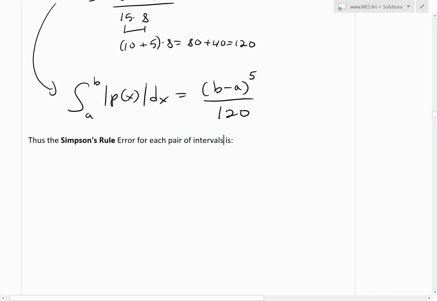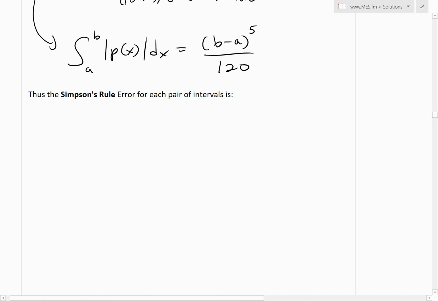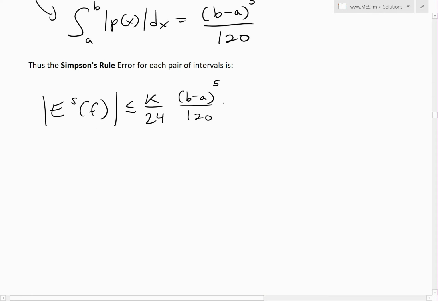Thus the Simpson's rule approximation error for each pair of intervals is less than or equal to K over 24, like I had before, times the integral of P of x, which is B minus A to the 5 divided by 120.